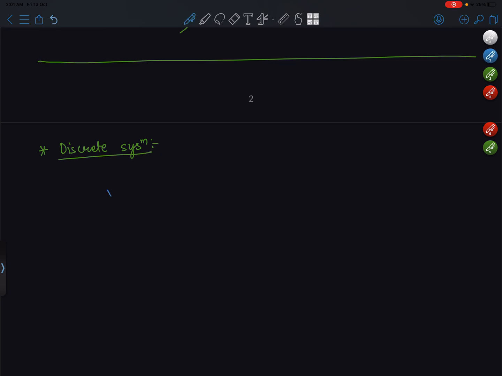So let's assume x dot equals Ax is some continuous system, which can be represented in discrete terms as x(k+1), the state at the (k+1)th time instant, is given by some A tilde times x(k), the state at the kth time instant. This A and A tilde are not the same.